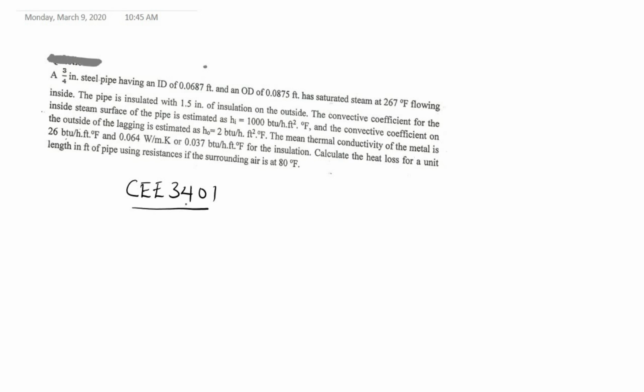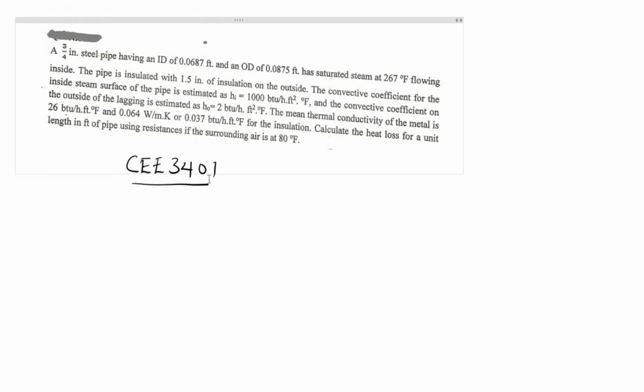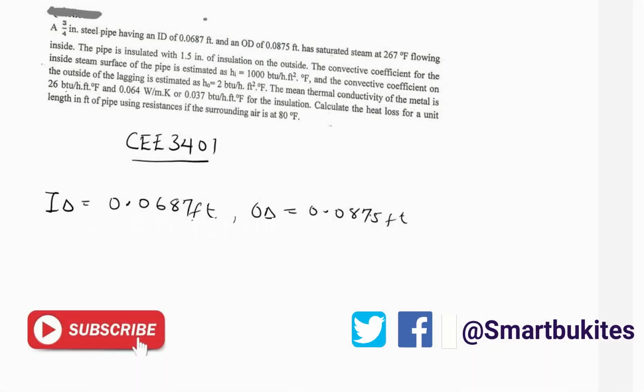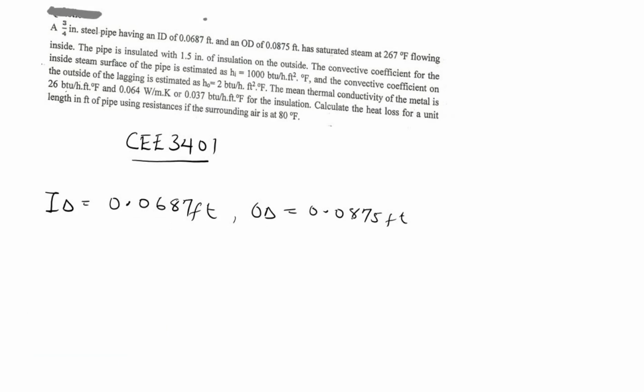The question states that a 3/4 inch steel pipe having an internal diameter, so here we are given the internal diameter to be 0.0687 feet and an outer diameter of 0.0875 feet, has saturated steam at 267 degrees Fahrenheit flowing inside.